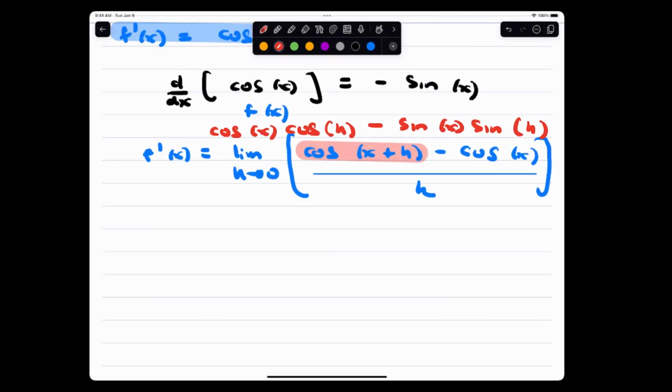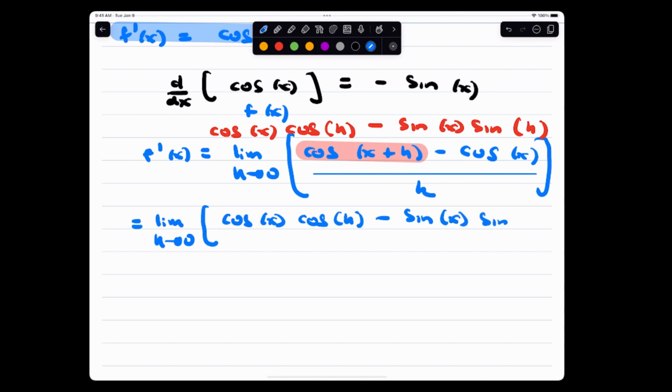Okay, so I'm using again the cosine of a sum. So cosine x cosine h minus sine x sine h minus cosine of x, everything over h.